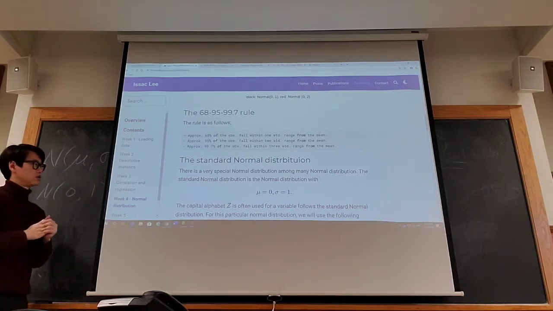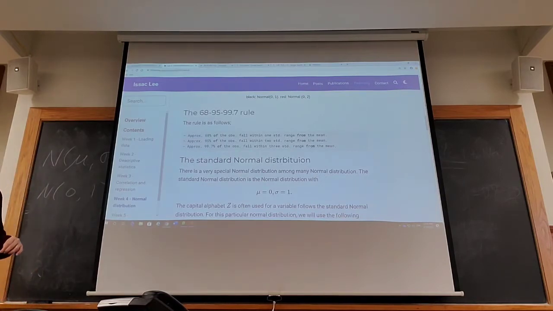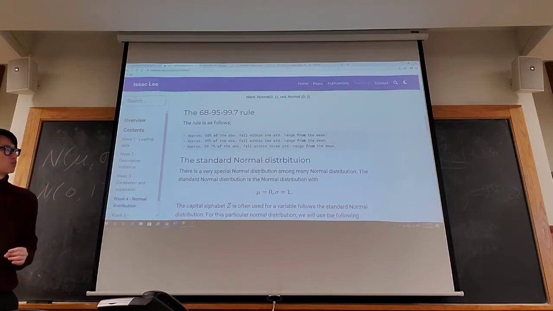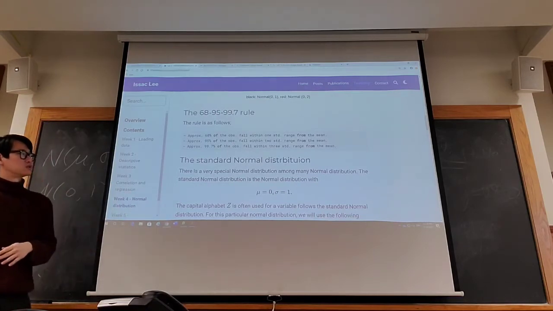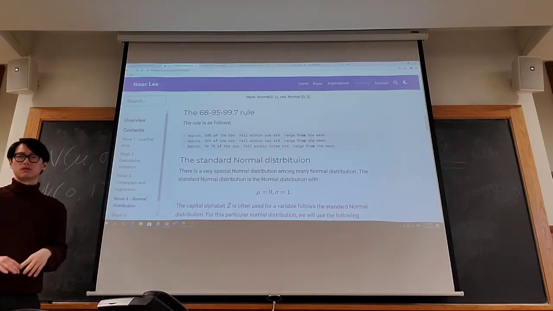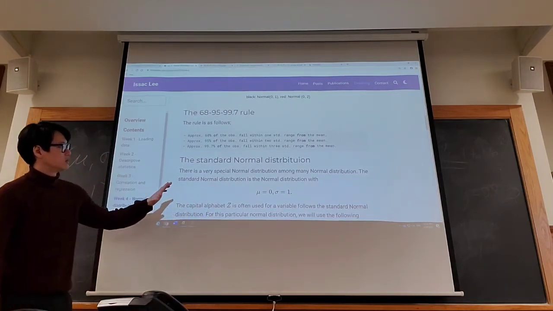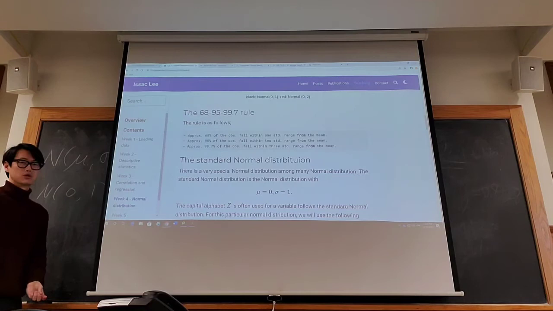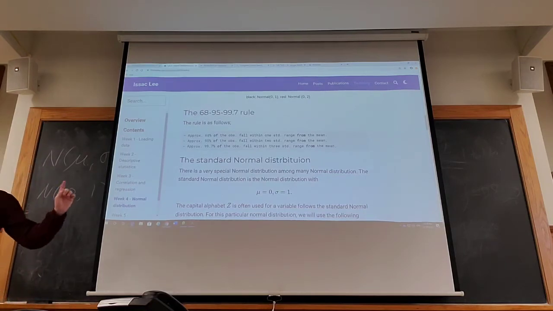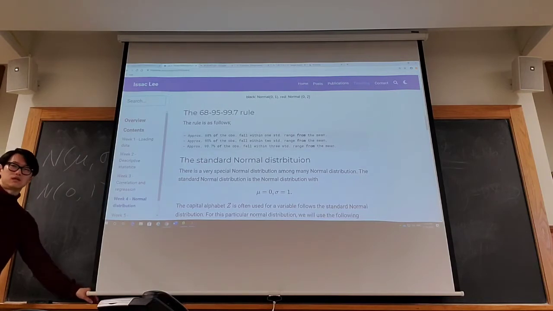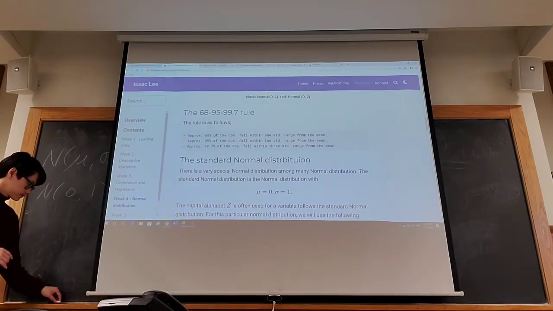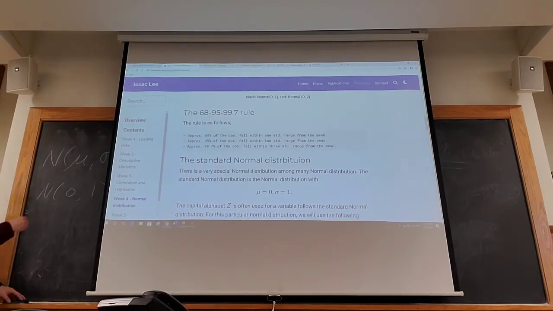So let me be more specific. I want to pick just one special normal distribution among many other normal distributions. I want to pick the basic one, the normal distribution whose mean is 0 and standard deviation is 1. And we call that specific normal distribution the standard normal distribution. So we are working on this one, right?